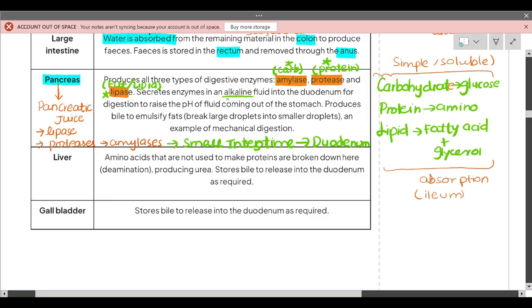And the alkaline conditions are the alkaline pH, basically from 8 to 9, or you can say almost 8, in which these enzymes work.